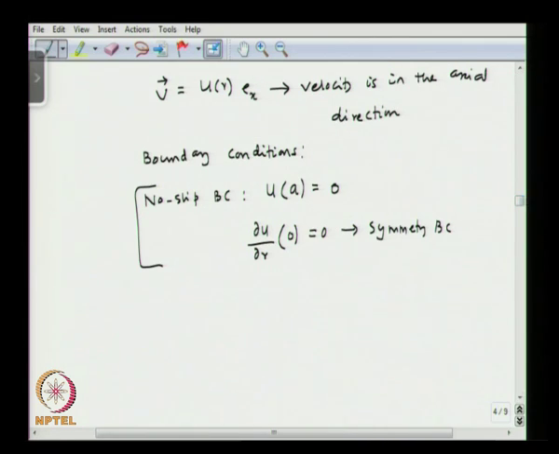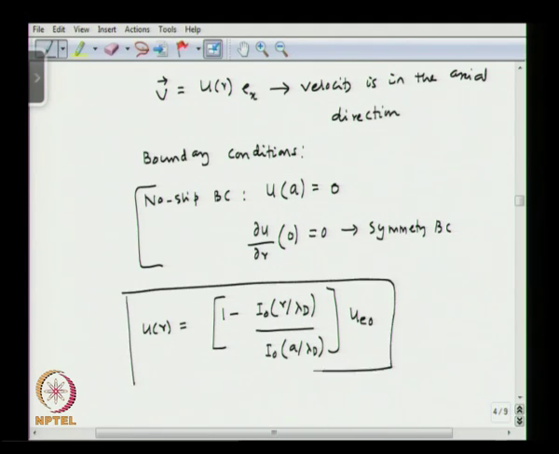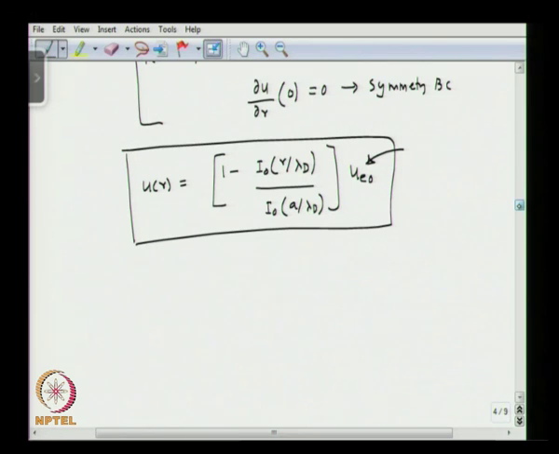If you solve that for flow through a tube, then you would get u of r equal to 1 minus I0 of r over lambda d over I0 of a over lambda d, into u EO. So, this is the ideal electroosmotic flow velocity. So, we can find the ideal electroosmotic flow rate.